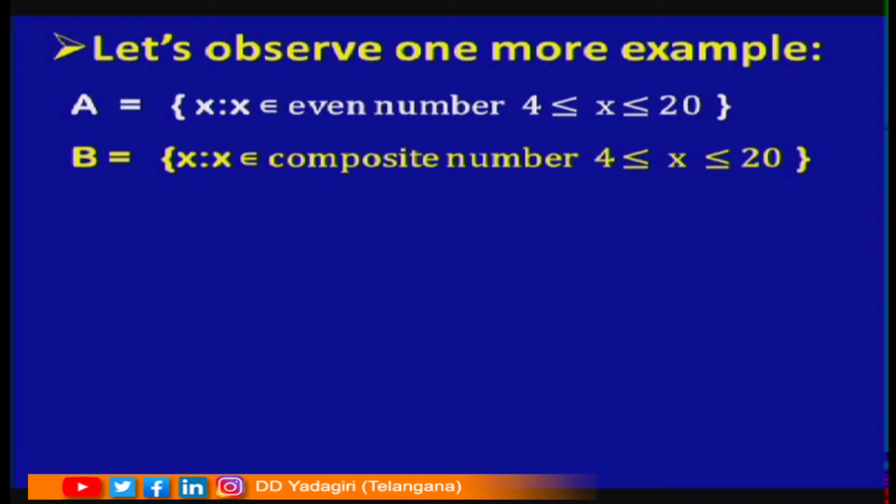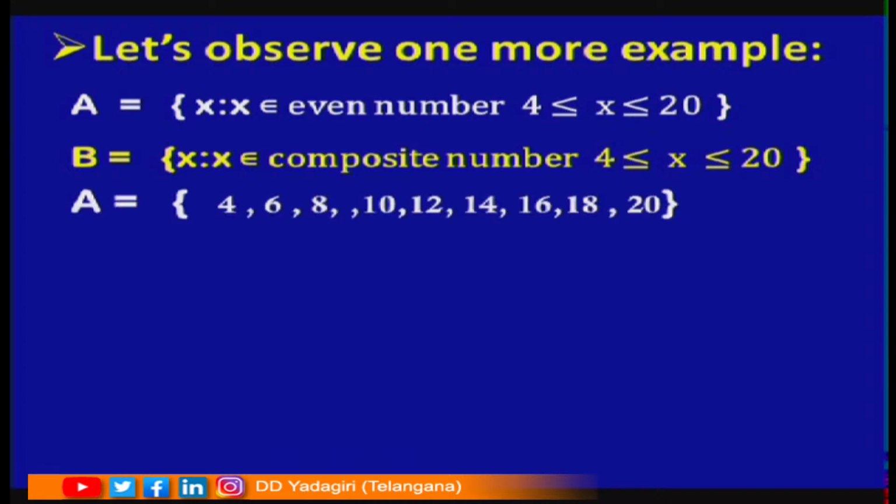When sets are given in set builder form, what do you have to observe? The next step is you have to convert them into roster form, which means you have to list out the elements of each set. Now, let us see.